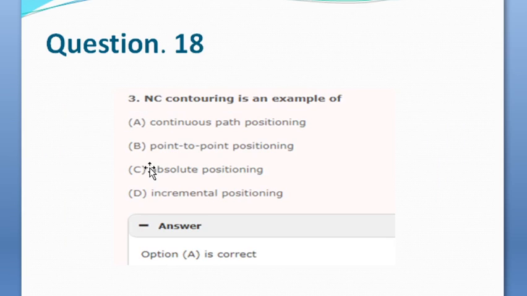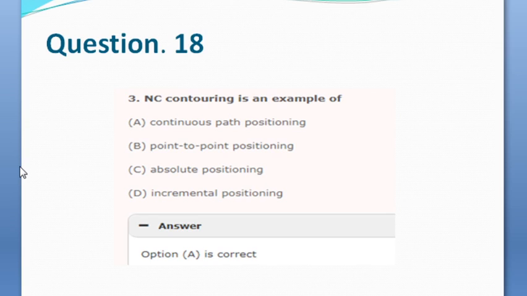This question is asked on NC systems. NC contouring is an example of: contour path, point-to-point positioning, absolute positioning, incremental positioning. Absolute and incremental are the two coordinate systems used in NC systems.